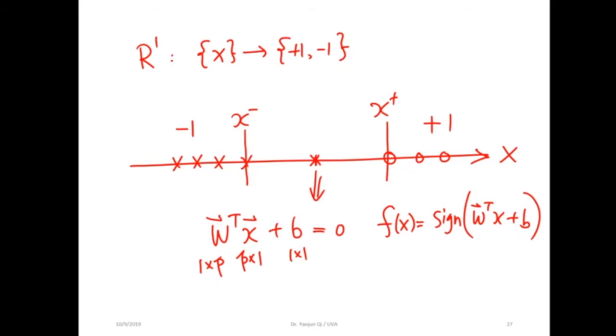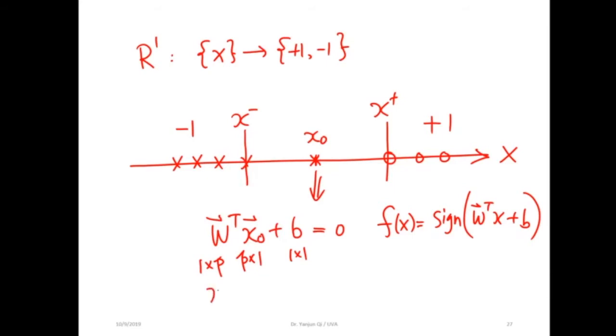It's actually a design. The middle one, assuming this is x0, is w transpose x0 plus b equals 0. That's just my design because that's my decision boundary.